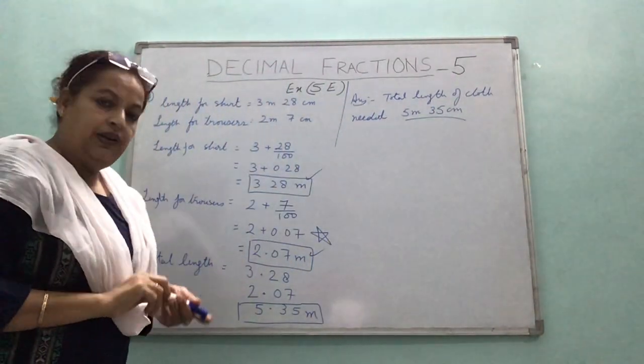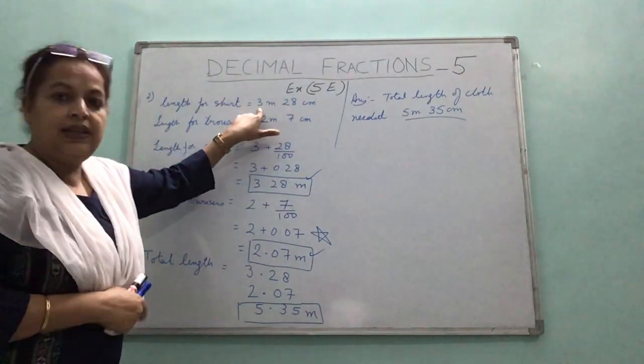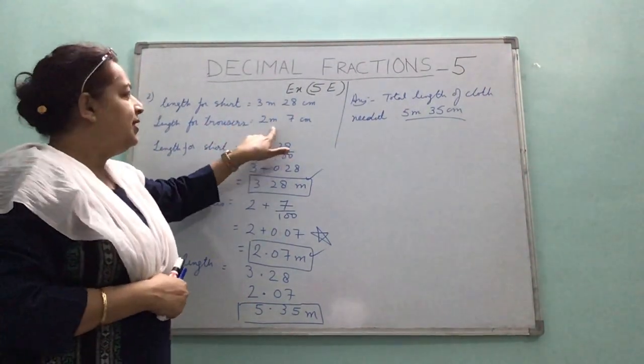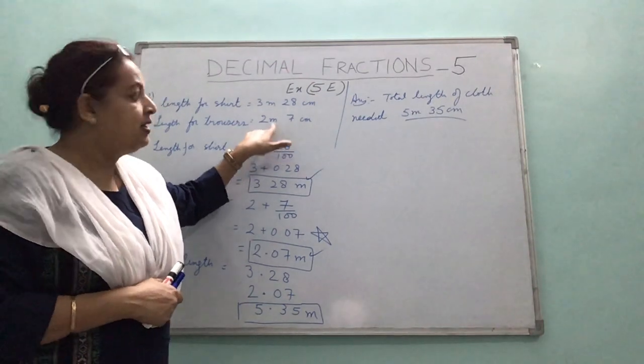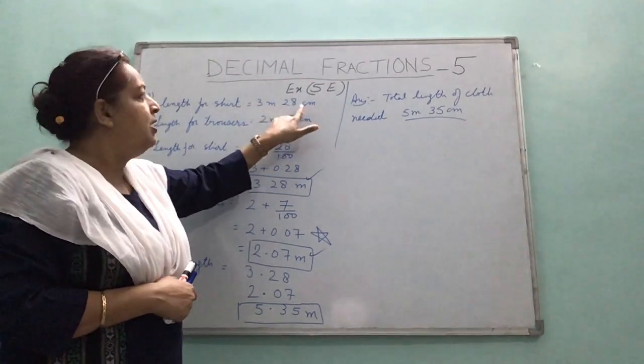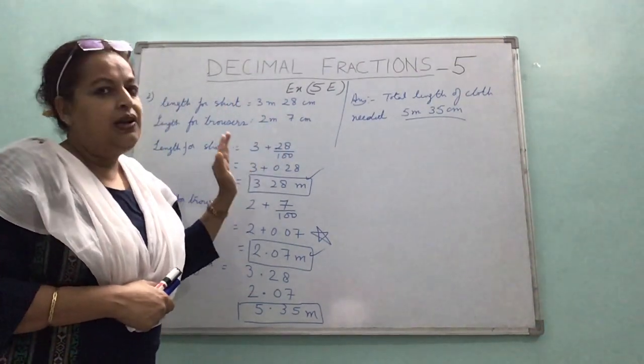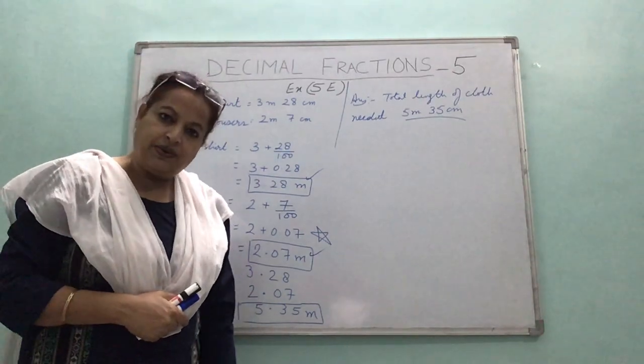So children, the question was, this is the length needed for the shirt, this is the length needed for the trousers. Don't start adding directly because part of it is in meter, part of it is in centimeter. We'll convert to the same unit and we are converting to meters only.